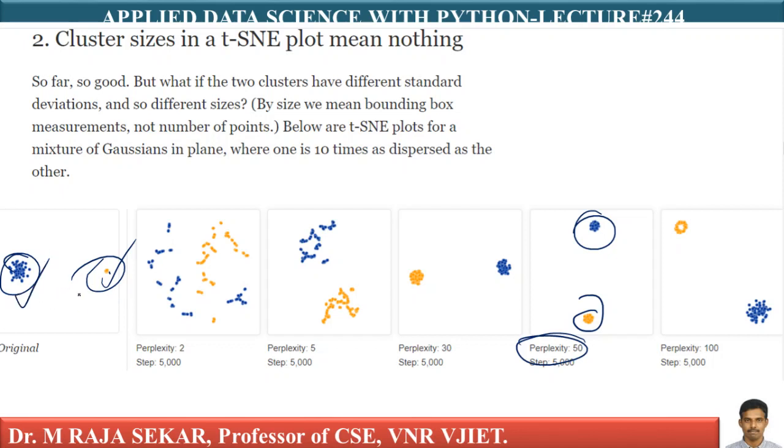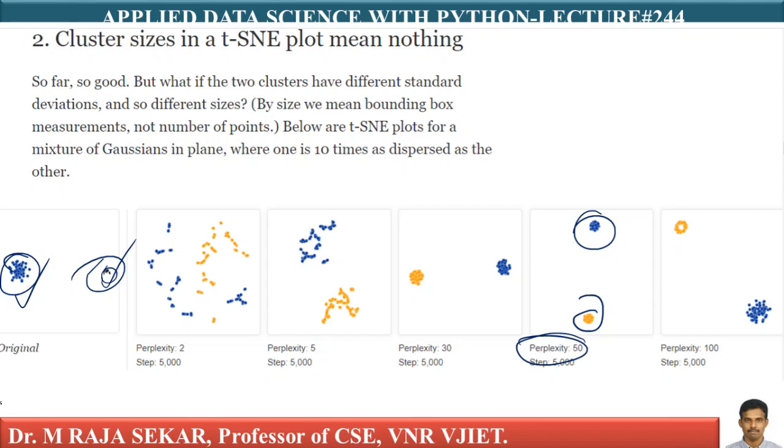So one of the things that t-SNE does internally is it basically expands dense clusters. Which one is the dense cluster? The orange points cluster is the dense cluster, and it will shrink the sparse clusters.